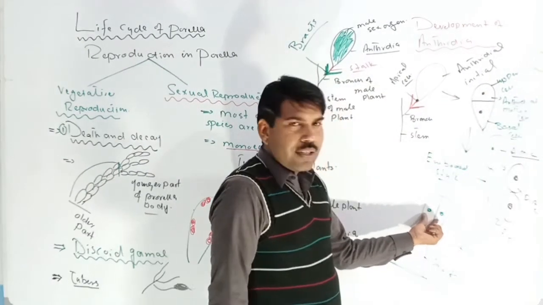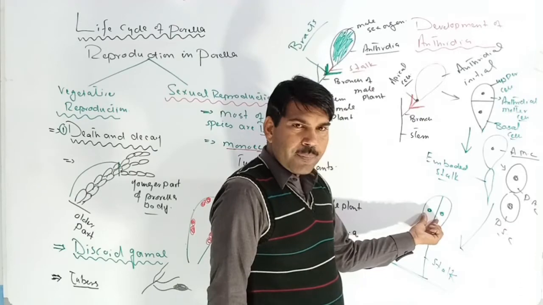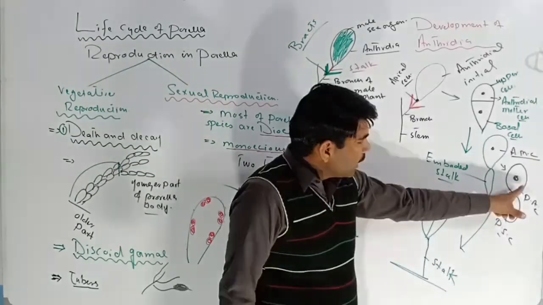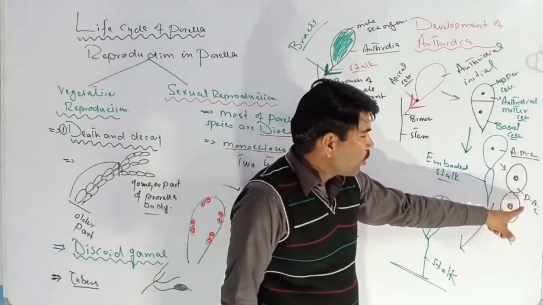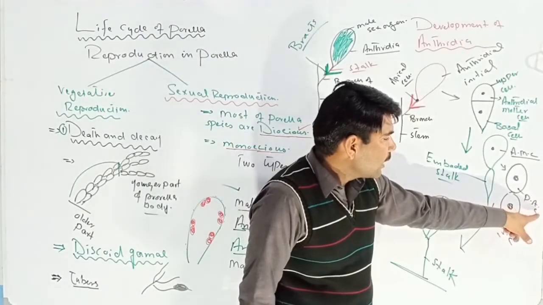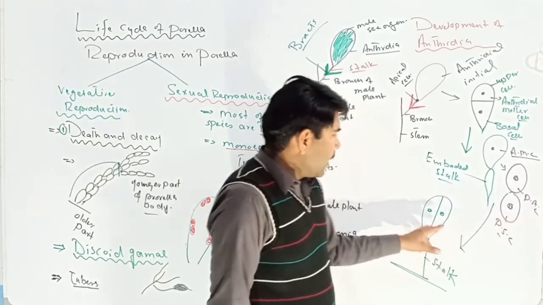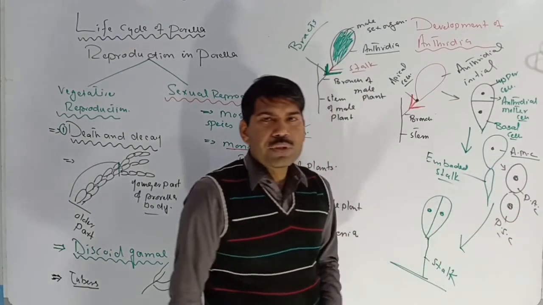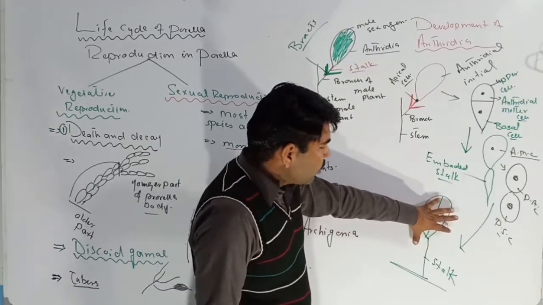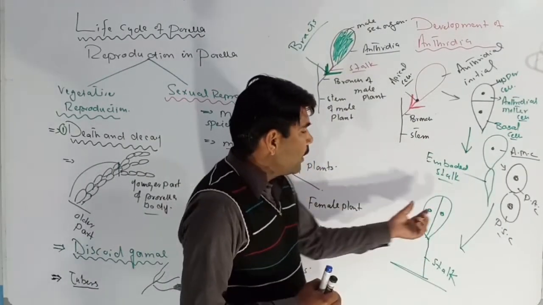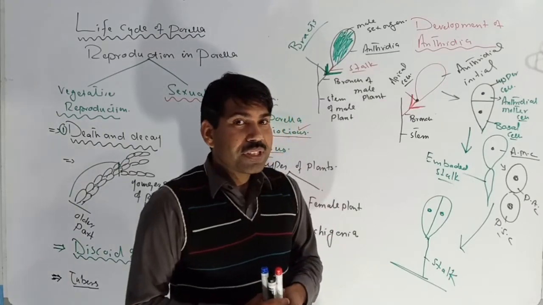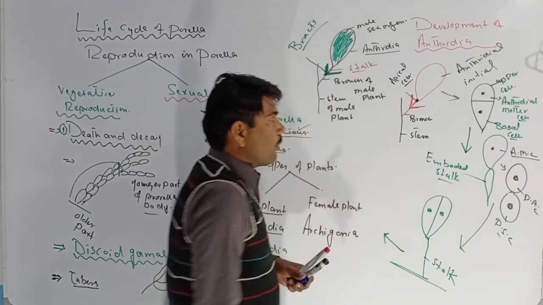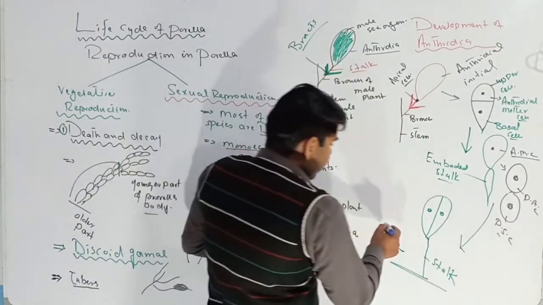These two cells are produced as a result of division of the primary antheridial cell. Now these two cells will divide and produce six cells. How are these involved in the formation of six cells?